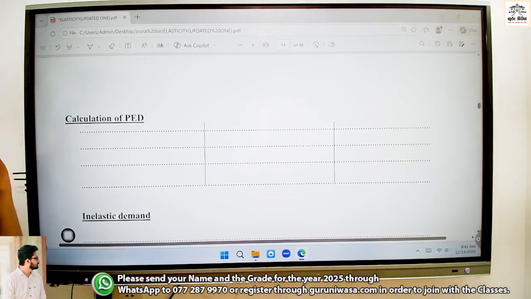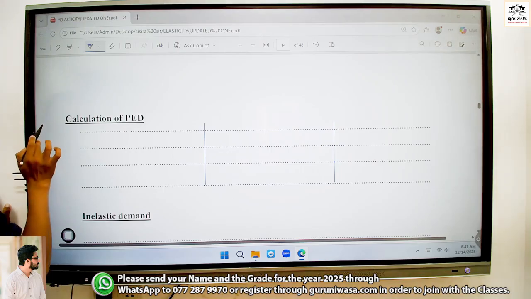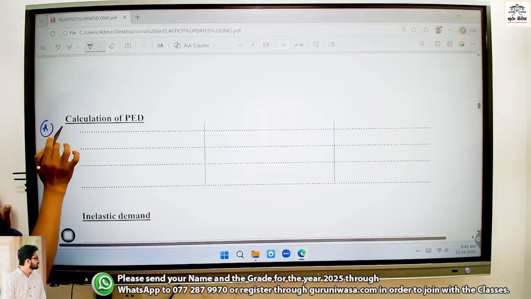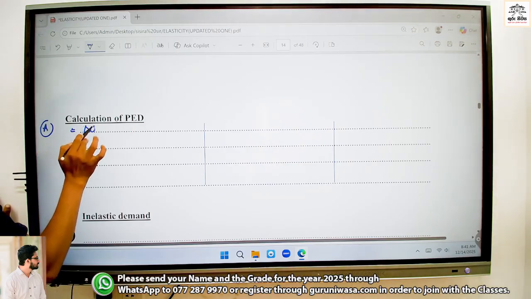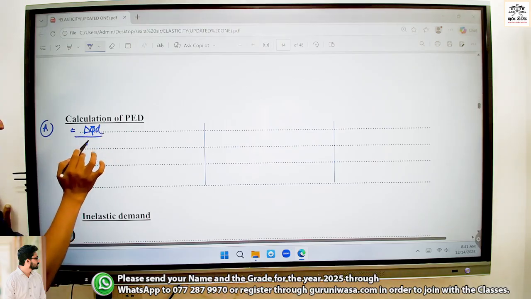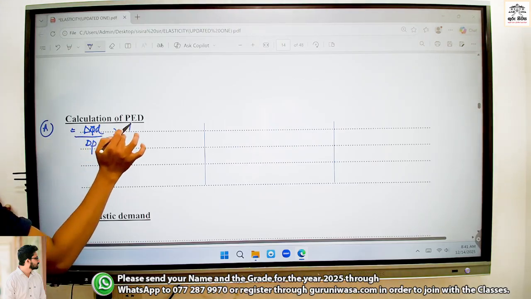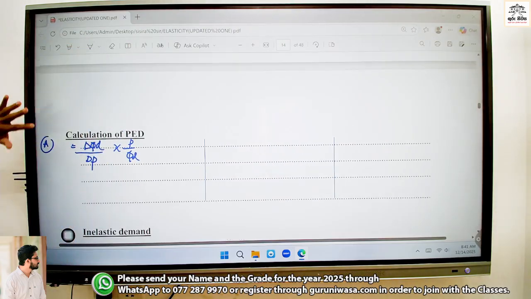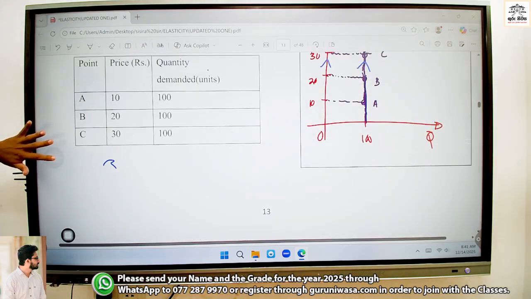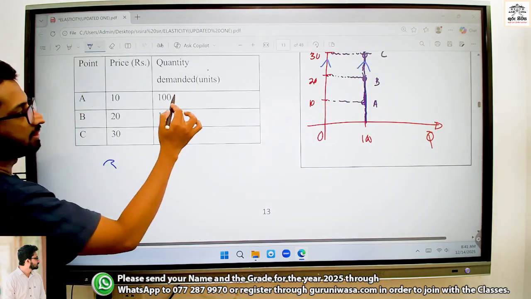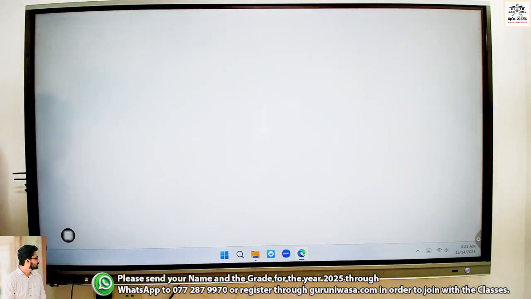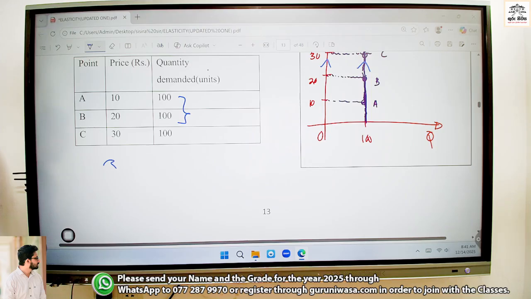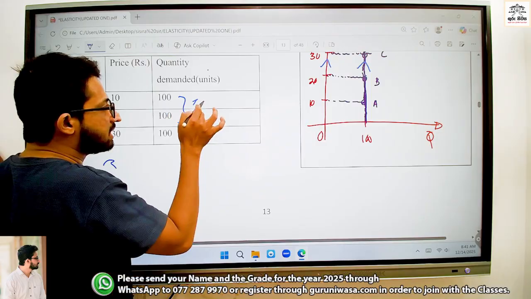Point A, the equation: PED equals delta QD over delta P into P over Q. I'm going to calculate price elasticity of demand at point A. Now, change in quantity demanded is zero.